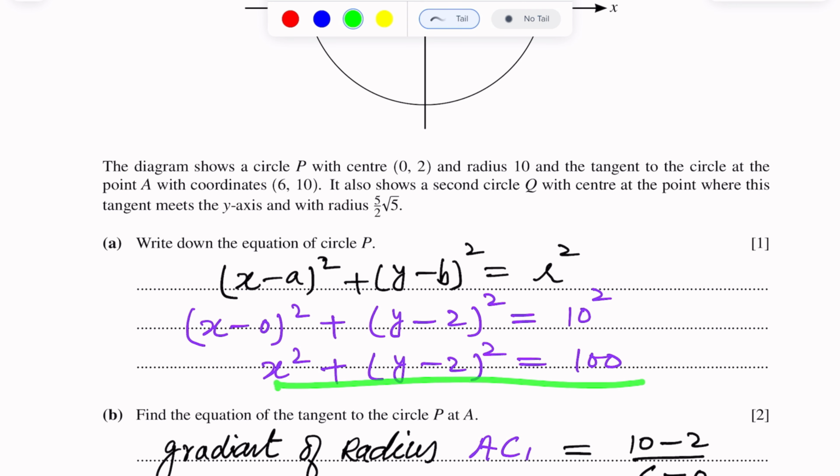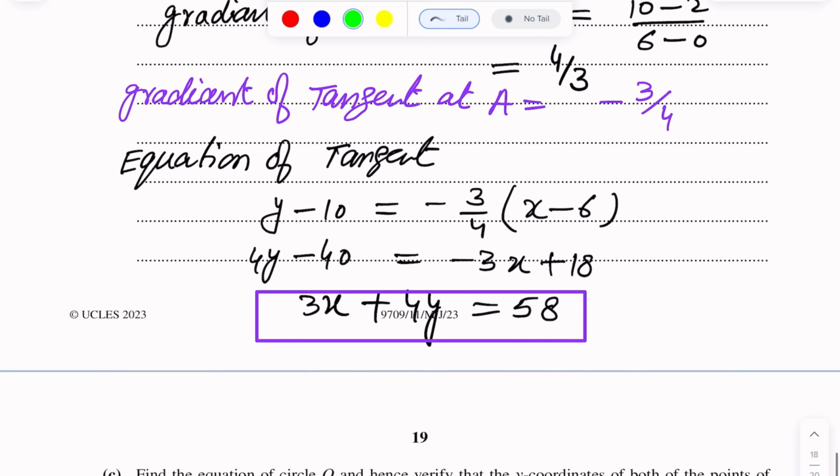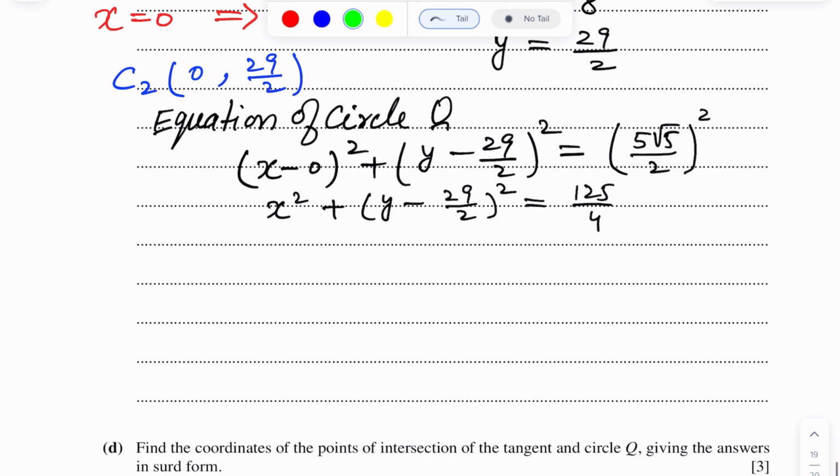We write the equation of circle Q and the equation of circle P here, and now we will solve these two equations simultaneously.